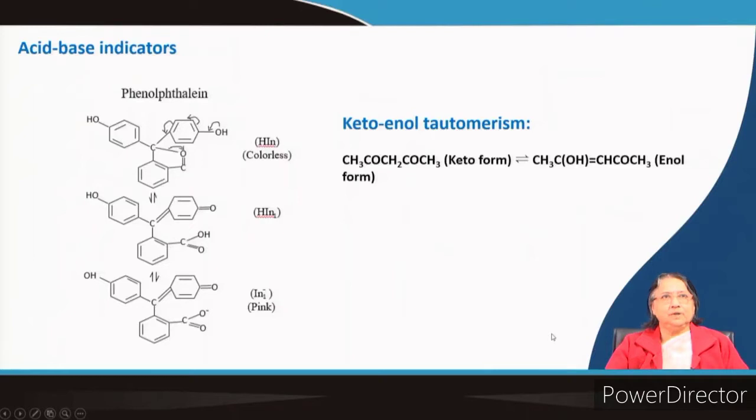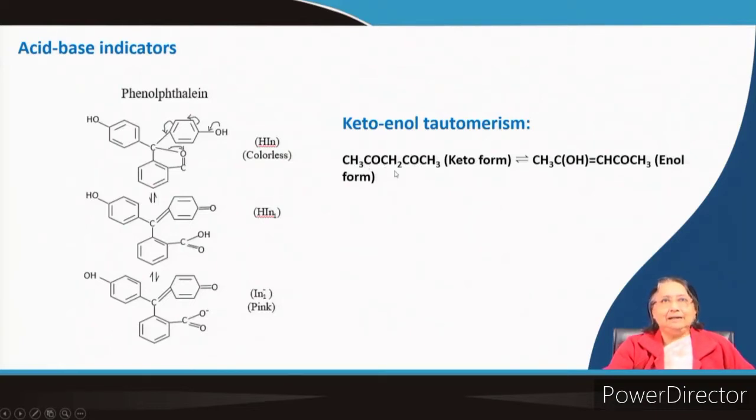Okay. Now, here comes the structure of phenolphthalein. This is the structure of phenolphthalein. So, tautomer, before going to this, I must tell you what is tautomer. I have told you that this is an isomer. Here you can see, those who are from chemistry, they already know what this is. This is nothing but acetyl acetone.